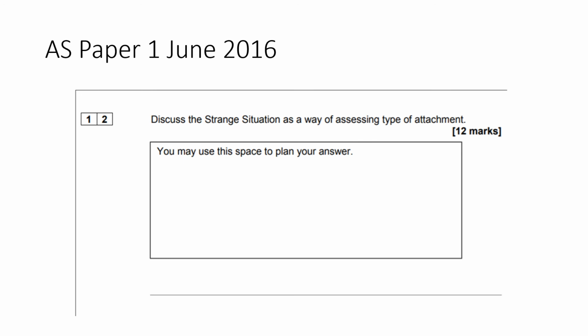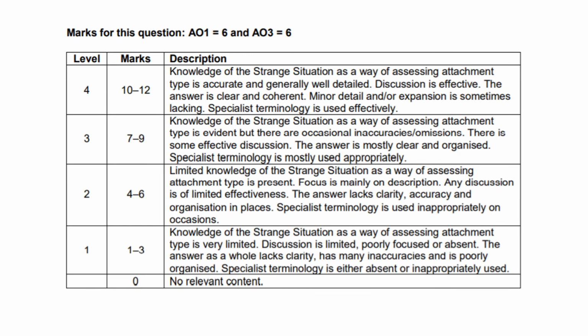Use that plan your answer box there, really be clear on your different attachment types, get the procedure correct, and try and use the method that I was telling you about in terms of using 3 different pieces of stationery to really embed that into your mind about how the strange situation operates. Here are your different levels.